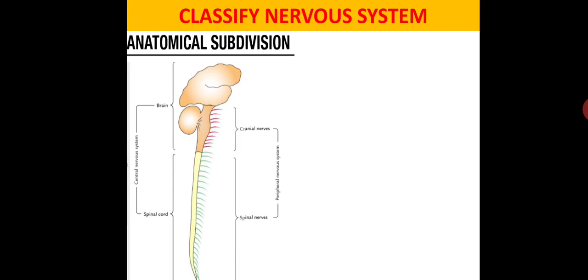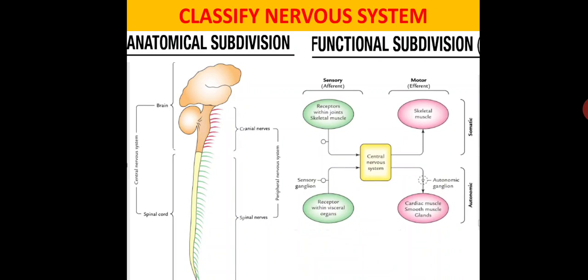Here it is brain and spinal cord, and the peripheral nervous system is cranial nerves and spinal nerves. So functionally this nervous system is divided into two, sensory and motor, that is afferent and efferent. Sensory is afferent, and motor is efferent.